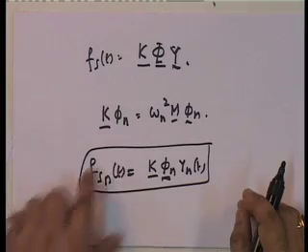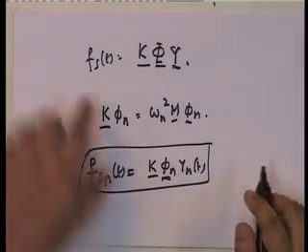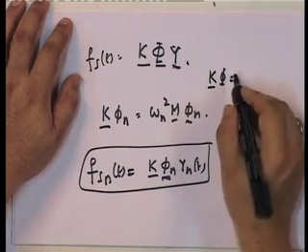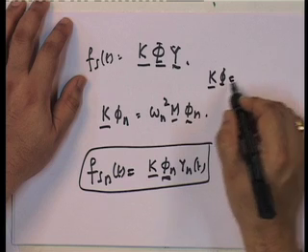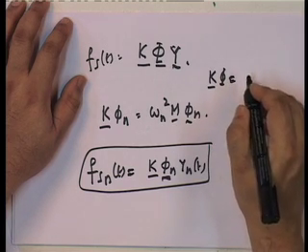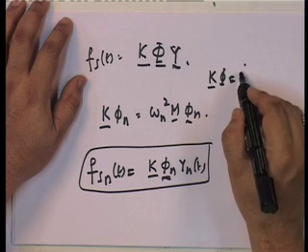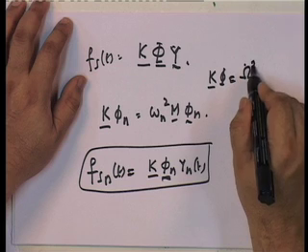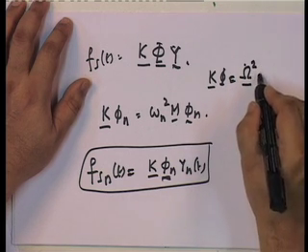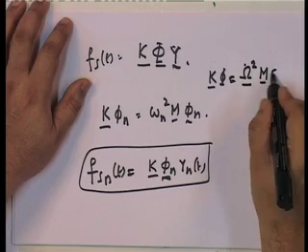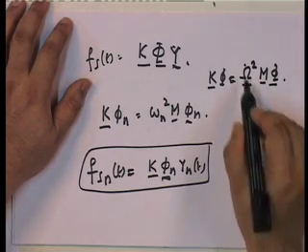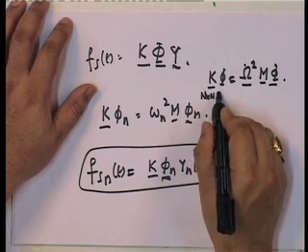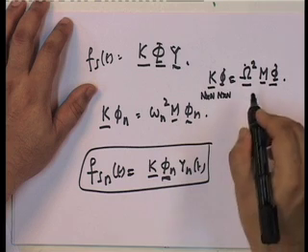Okay. So, if I were to draw this, I can say that K phi is equal to omega squared into m into phi, where these are all n by n.